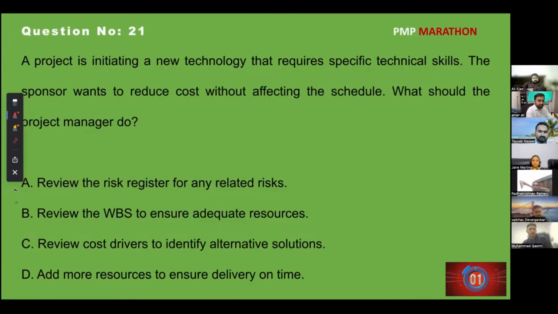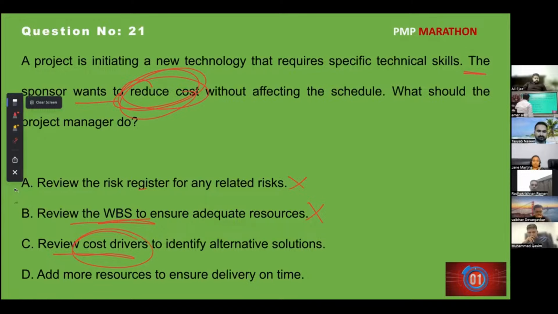The key word here is that the sponsor wants to reduce cost. This does not reduce the cost. This reduces the cost. An easy question. How many of you got this wrong? It was a simple question.